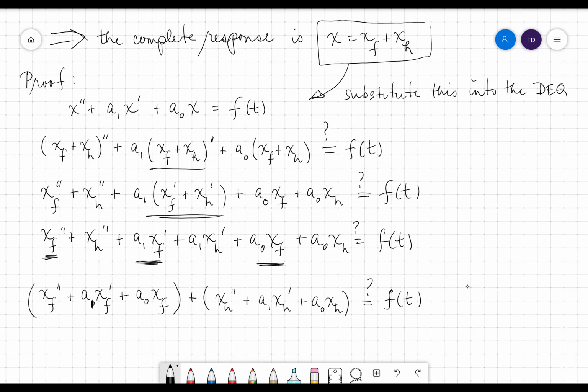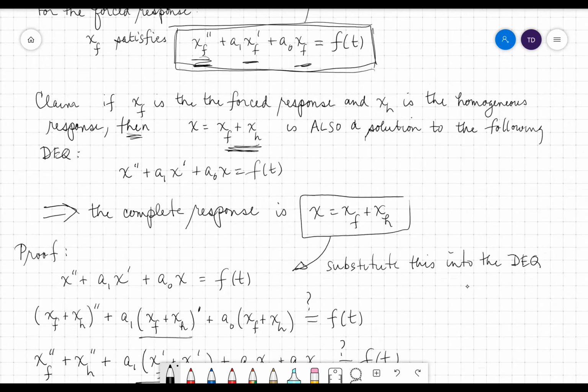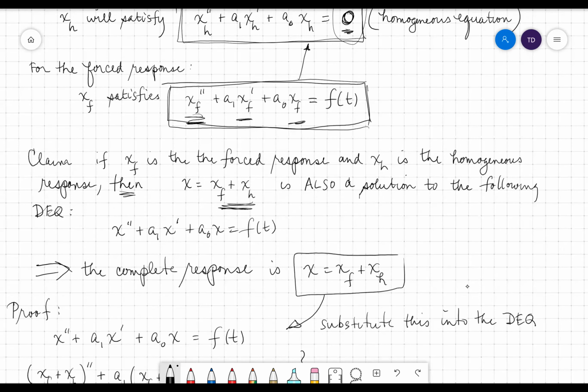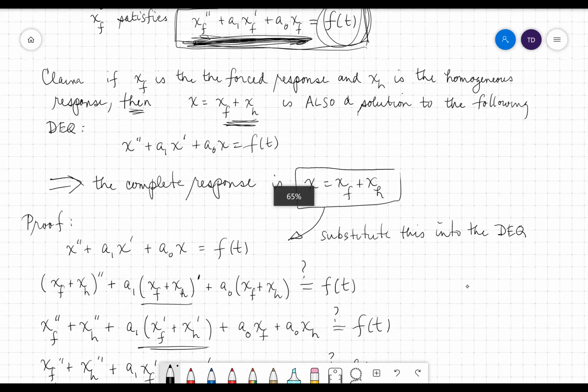To determine whether or not it's equal to f(t), I want you to look at this right here. I'm going to scroll up. Look at it, xF'' is in front of you. What is xF'' + a1 xF' + a0 xF equal to? It's f(t).